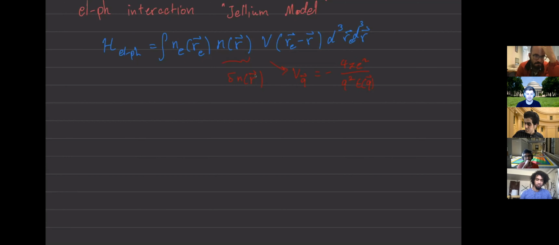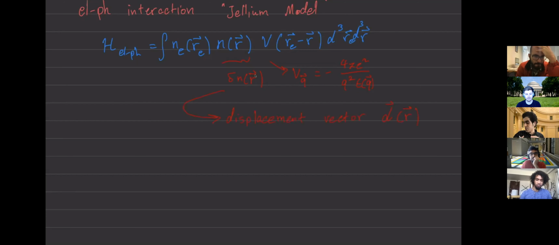We're going to be describing this with a displacement vector d, which is saying that at each moment how I have displaced or distorted my background charges.